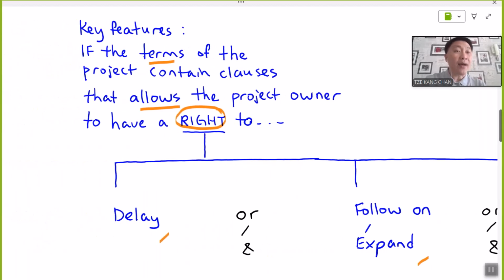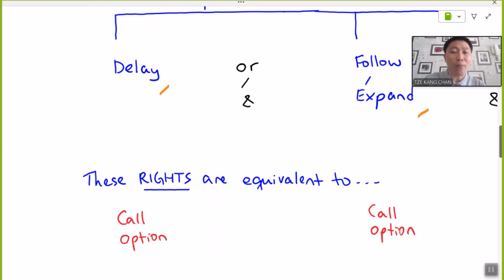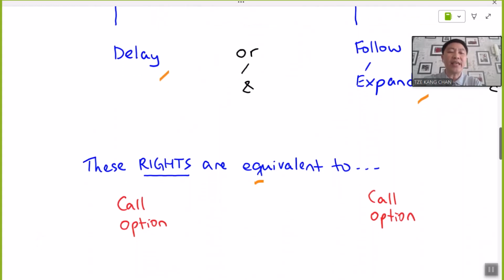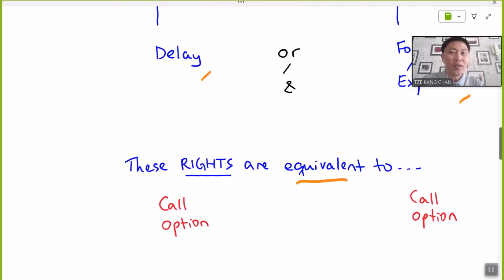These three types of flexibilities or rights are, more precisely, equivalent to the following. The right to delay, the right to postpone the project, is just like the right to buy the asset subsequently if things turn out to be favorable. A right to buy an asset, in simple terms, is termed a call option.